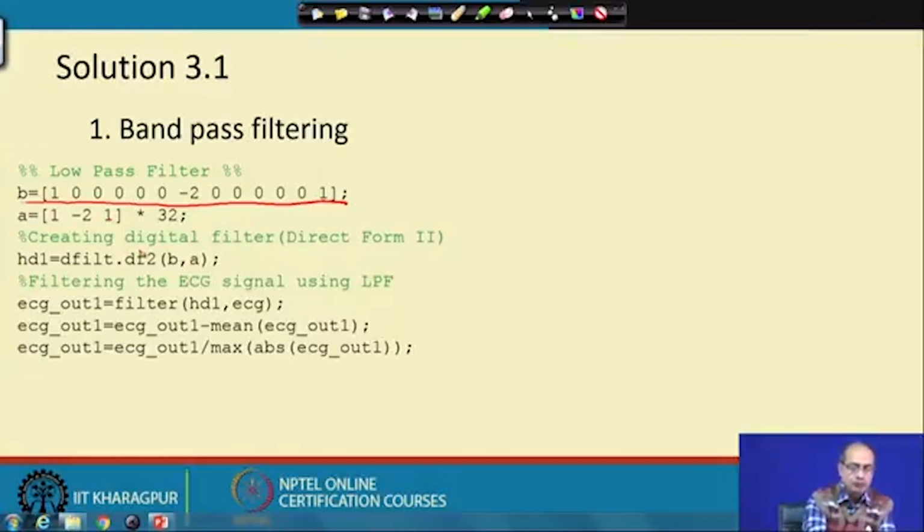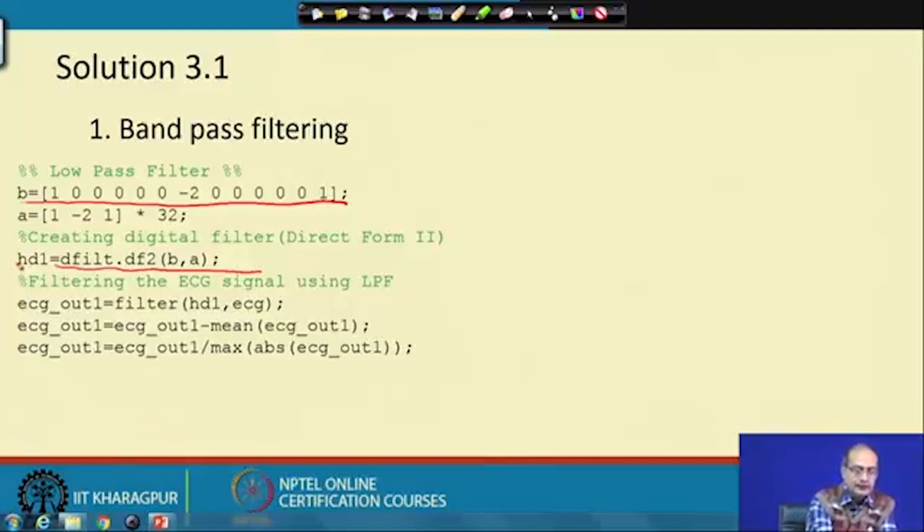So, once we have a and b, the numerator polynomial and the denominator polynomial, then we can create the filter. Here we have chosen the direct form 2 filter structure. So, the command dfilt.df2(b, a) provides us the filter in the direct form 2.